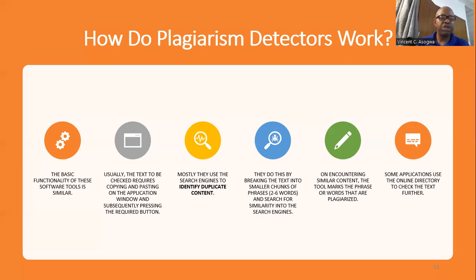Usually the text to be checked requires copying and pasting into the application window and subsequently pressing the required button. Mostly they use the search engines to identify duplicate content.